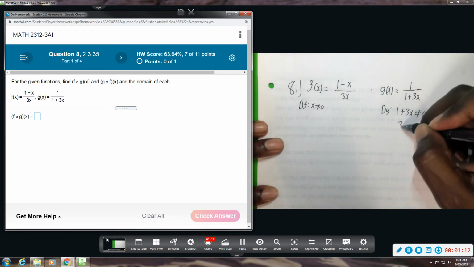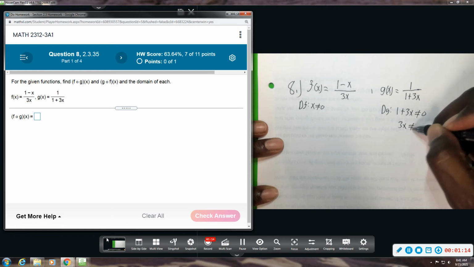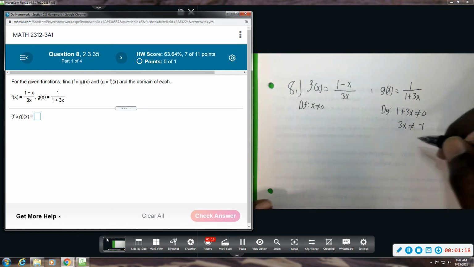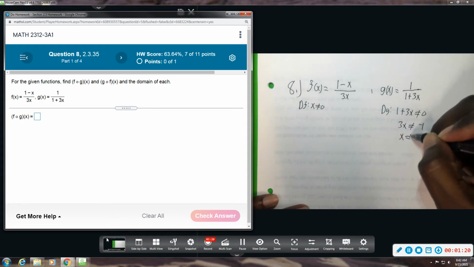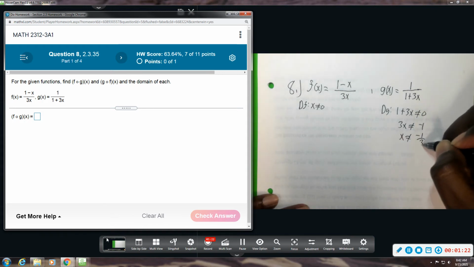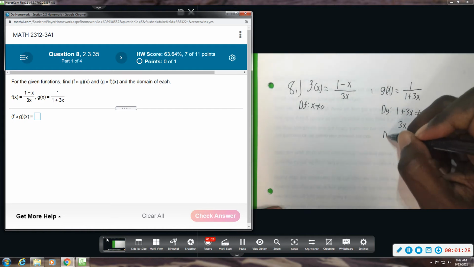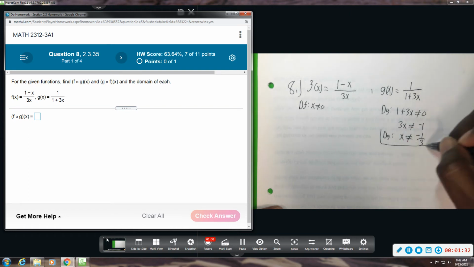Subtract 1, that gives us 3x cannot be equal to negative 1. Divide by 3, and it gives us x cannot equal negative 1 over 3. So we have a split. Number line, which would give us a union scenario.